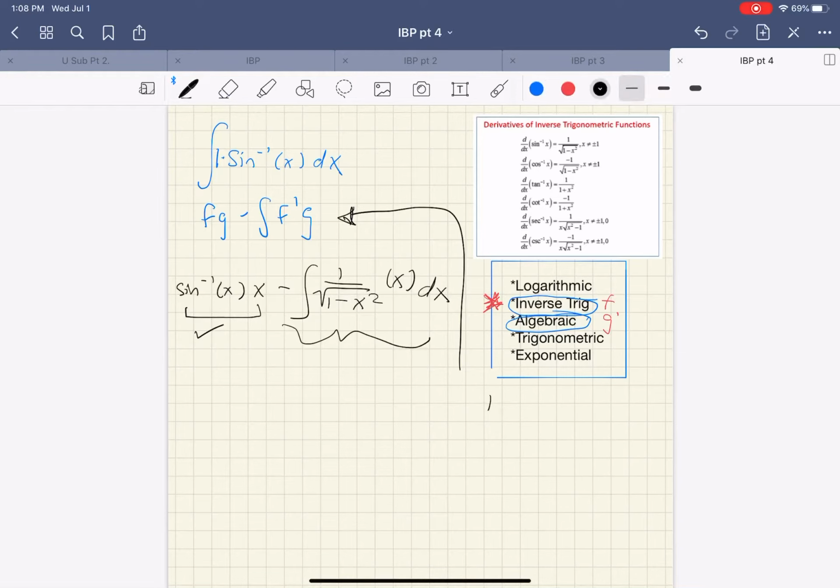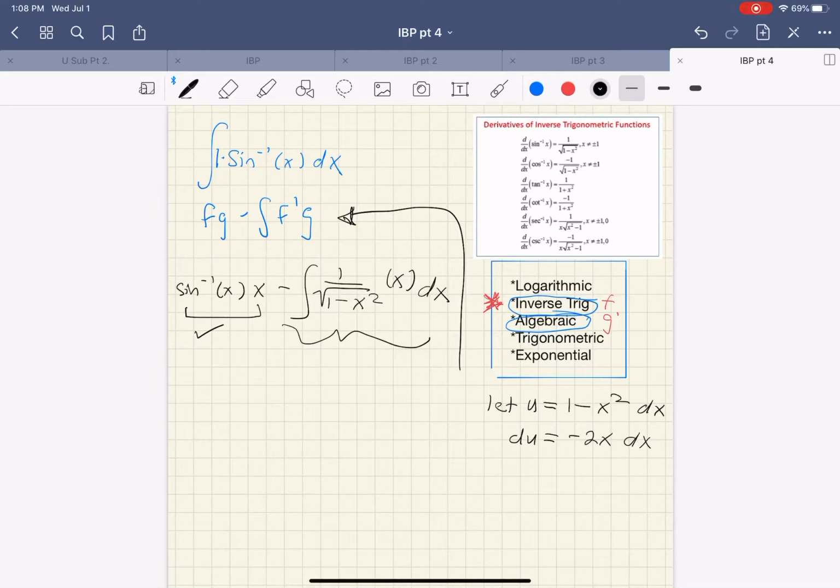And I'm going to let u equal 1 minus x squared. Now we have du. You take the derivative of both sides, and the derivative of 1 minus x squared is just going to be negative 2x dx. And now we just have to solve for dx.